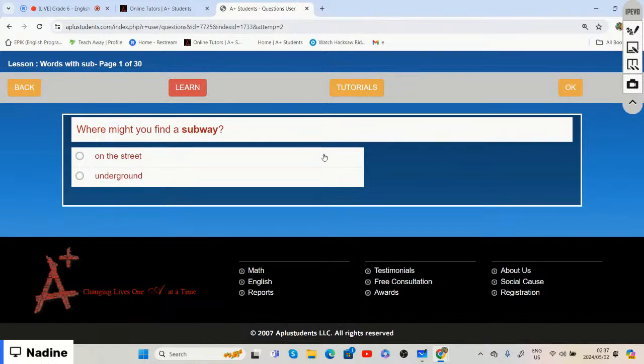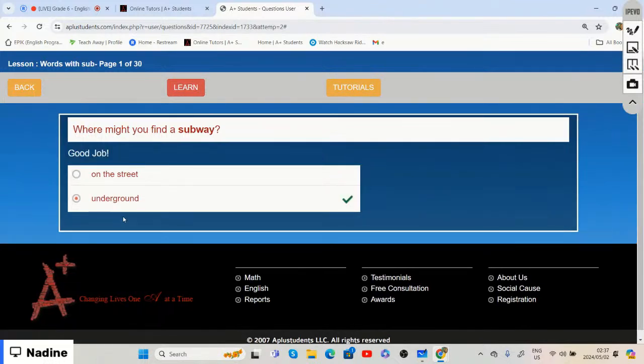And we might find a subway underground. It is option two. It is underground, and that is where we will find a subway. Well done.